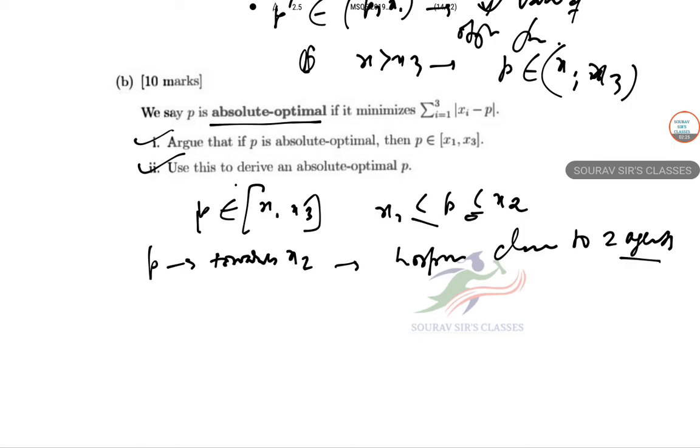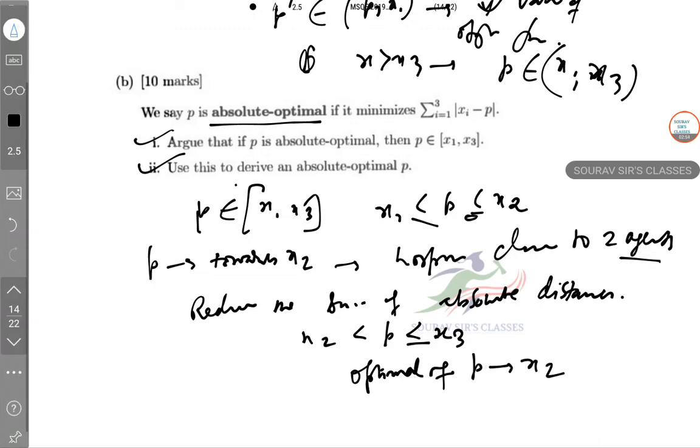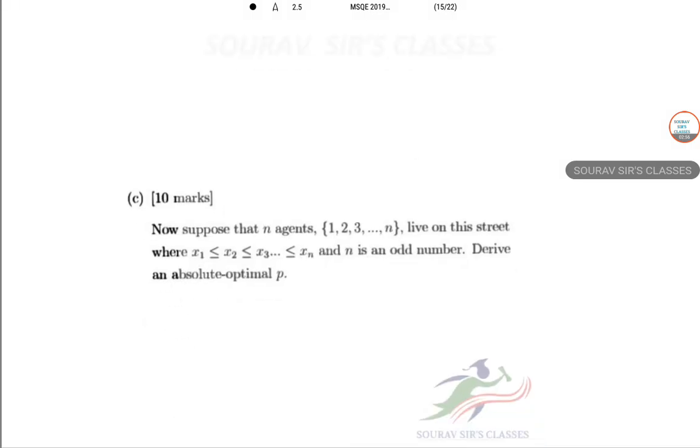Doing so again reduces the sum of absolute distances. A similar argument also goes for x2 < p <= x3. Thus the optimal p is x2.